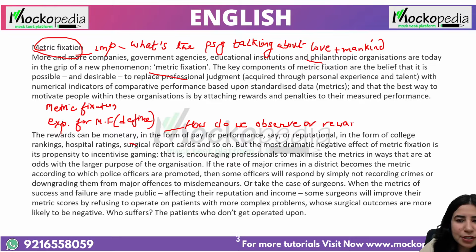So we can just see that in case the question comes, which of the following is not considered to be in the way of rewarding? So you can come back to this line and get the answer. But the most dramatic negative effect of metric fixation is its propensity to incentivize gaming. That is, so here we can write that this is talking about negative impact.